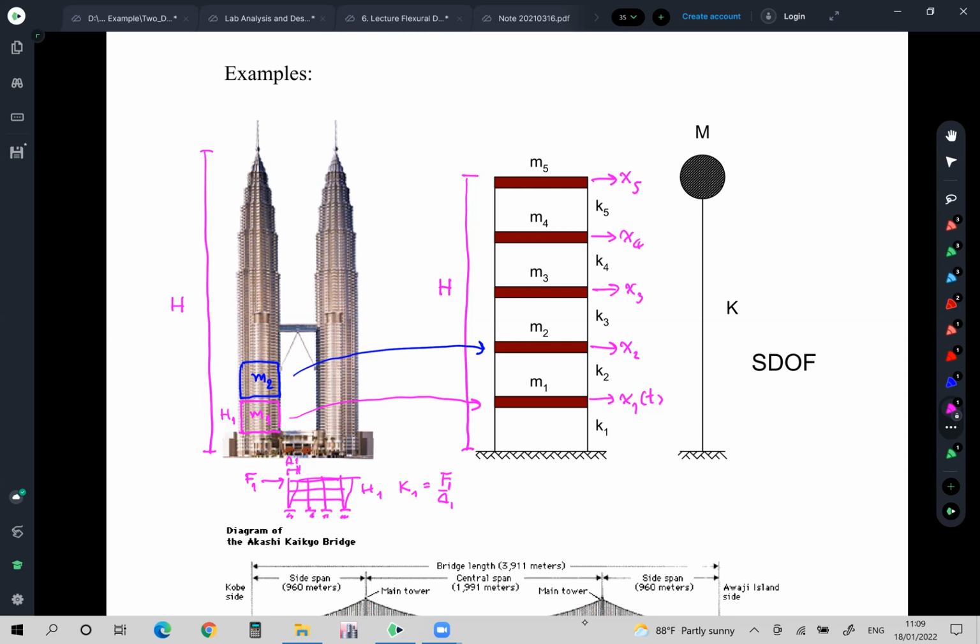So I do this for every portion of the building and represent them by just the 5 degree of freedom system called the lumped mass physical model. Represent the mass by M1 to M5. Represent the stiffness by K1 to K5. Like this.